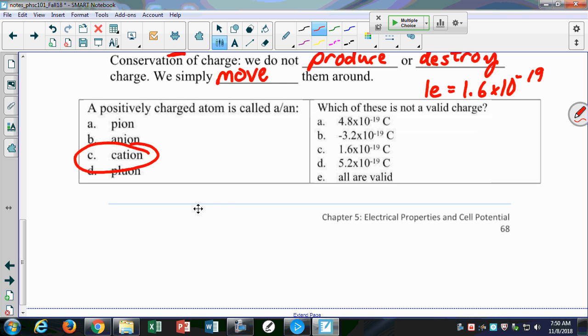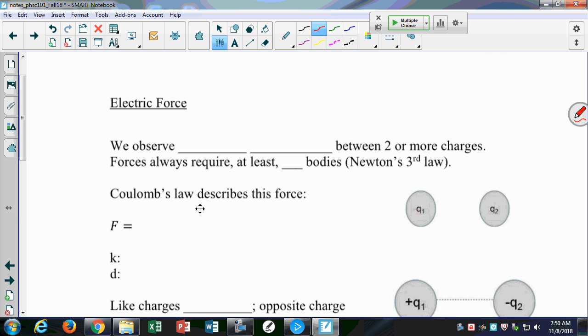All right. Okay, so electric force. This is going to be pretty foundational to what goes on in atoms. We observe electric forces between 2 or more charges. And forces always require at least 2 bodies.